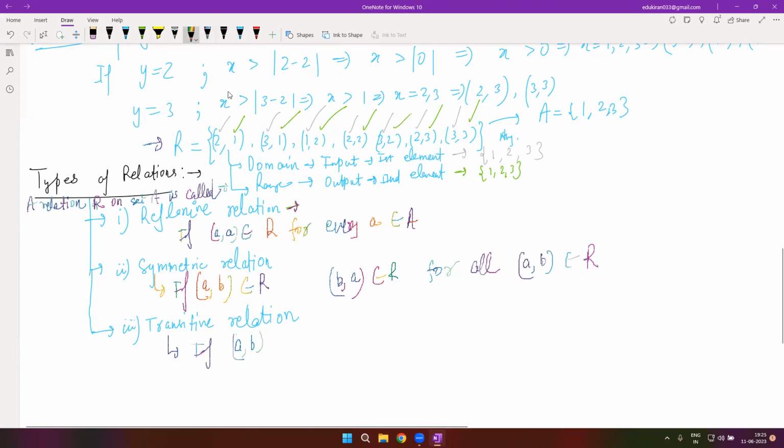This is a better representation. So if A, B belongs to R, and there is another pair which starts from B now and ends at C, that also belongs to R, then it should imply that A, C also belongs to R. Right? For all A, B, C belongs to.